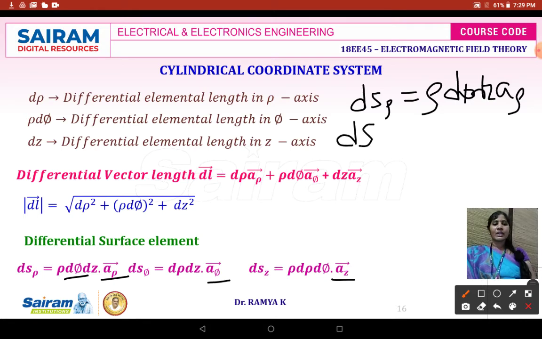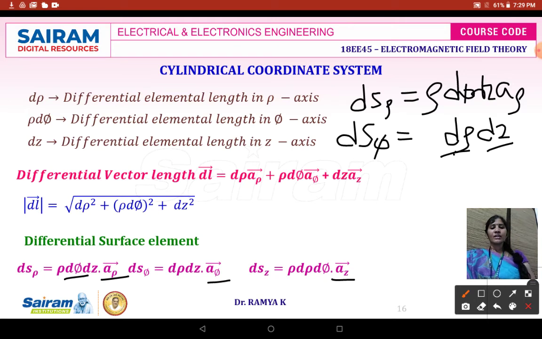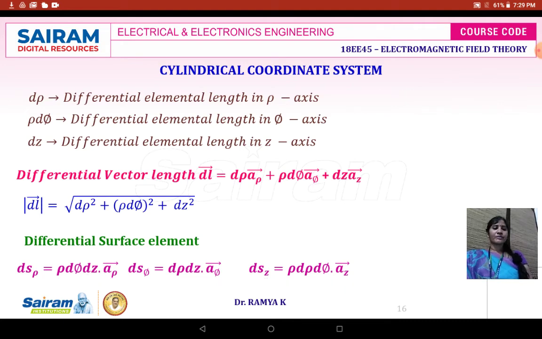Similarly, ds phi means d rho and dz will come. d rho is the differential elemental length along your rho axis, and the differential elemental length along the z-axis is going to be dz. Then the differential surface area along the z-axis is going to be rho d phi.